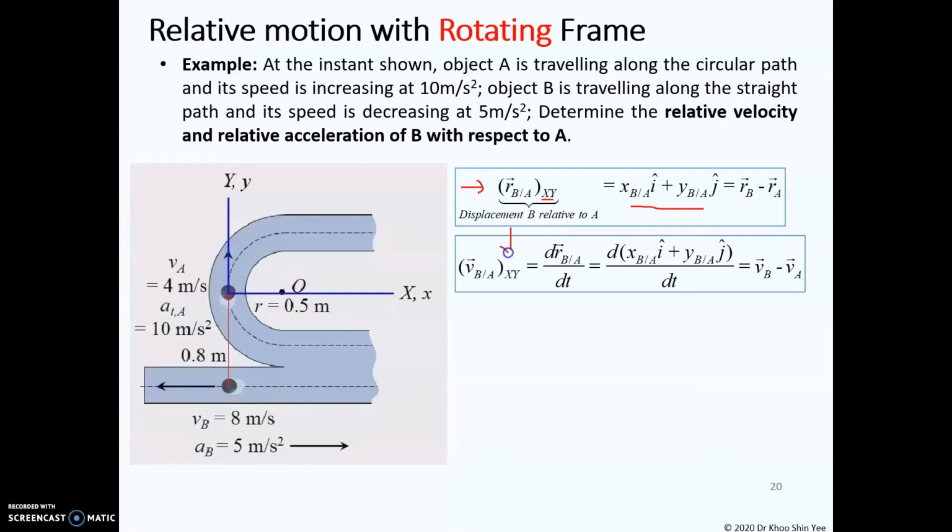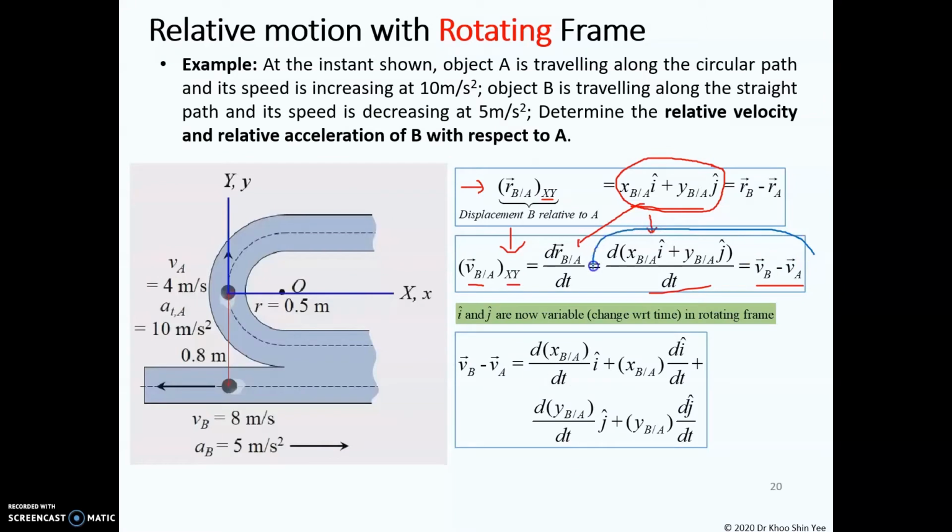Next, we are going to find the relative velocity in the inertial frame by taking the derivative of RB/A. So substitute the relative displacement into this, you obtain this answer. And we know that VB/A is the relative velocity between VB minus VA. Let's continue with this component.